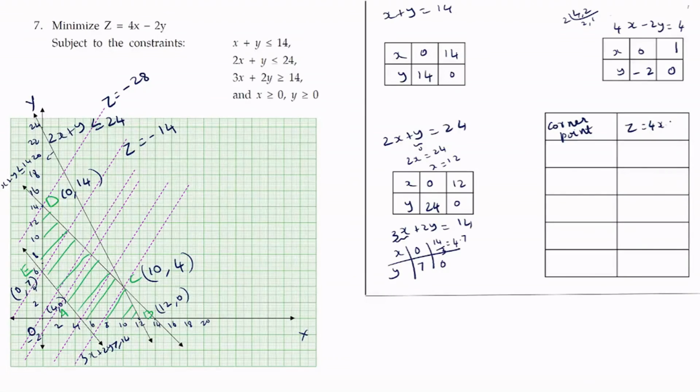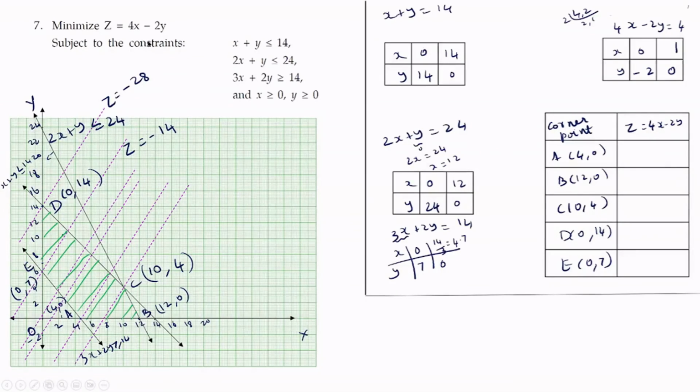The value of z is 4x minus 2y. The various corner points are A (4, 0), B (12, 0), C (10, 4), D (0, 14) and E (0, 7).